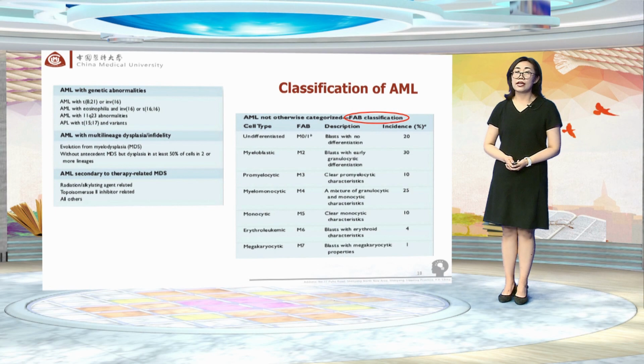The third is AML secondary to therapy-related MDS, such as radiation, alkylating agent related, topoisomerase II inhibitor related, and all others. The fourth is AML not otherwise categorized, which is the FAB classification from M0 to M7, and we can see that M2 is the most common subtype.